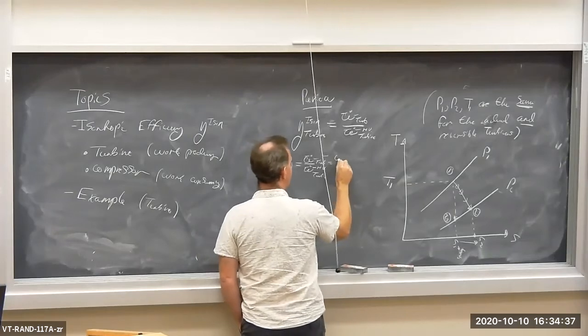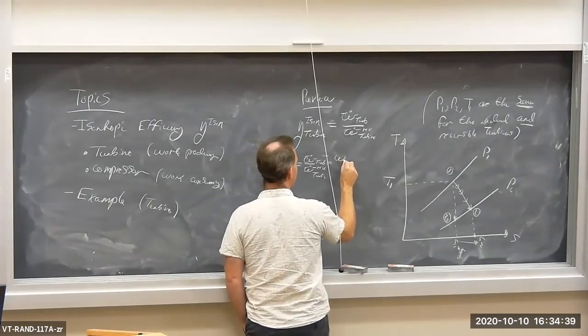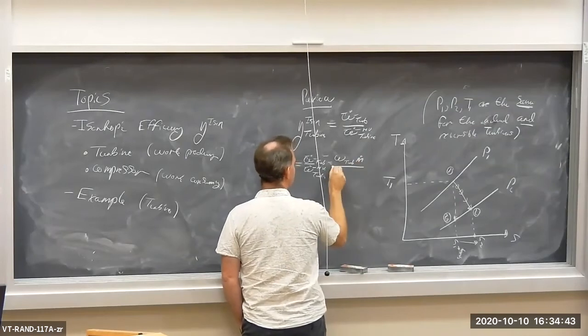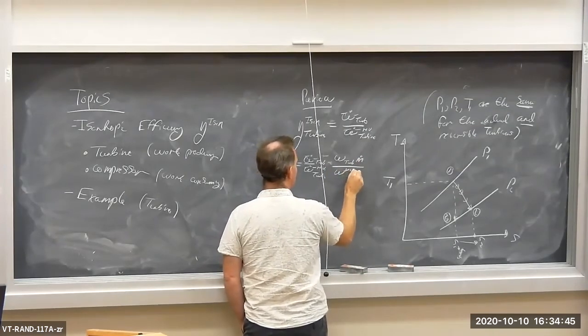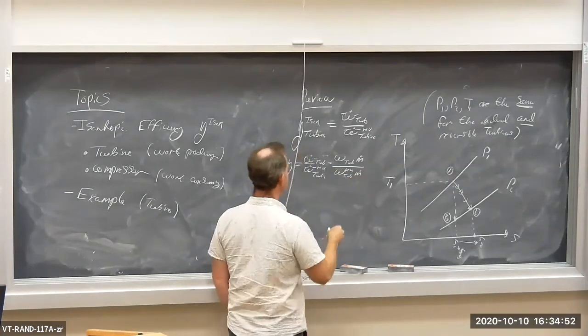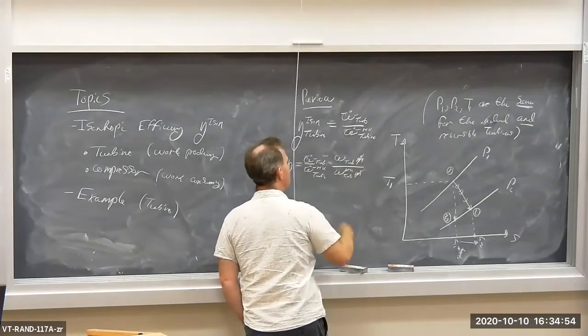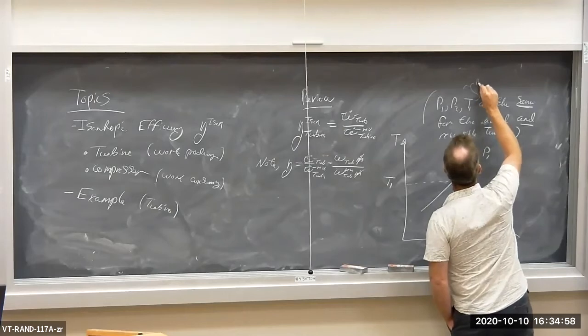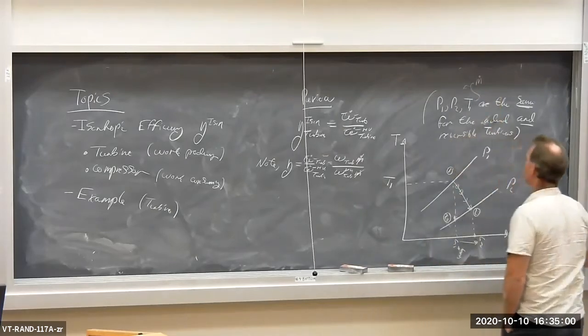I can write that as the specific work of the turbine times the m dot divided by the specific work of the reversible turbine times m dot. I guess I should have said here, m dot is also the same.